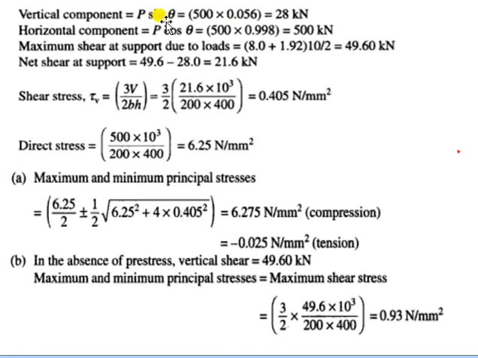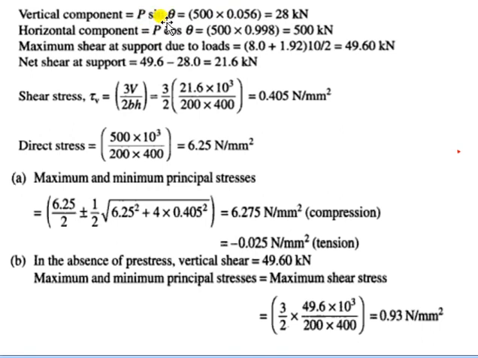In some textbooks it is given as alpha, so don't be confused. Some textbooks directly give P alpha or P theta. Here the value of the slope is very small, hence sin theta or sin alpha becomes theta or alpha.